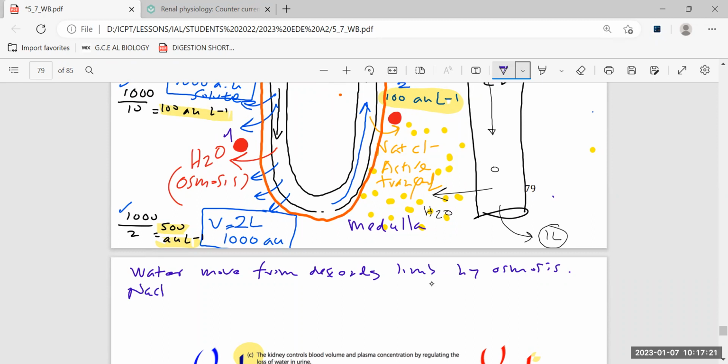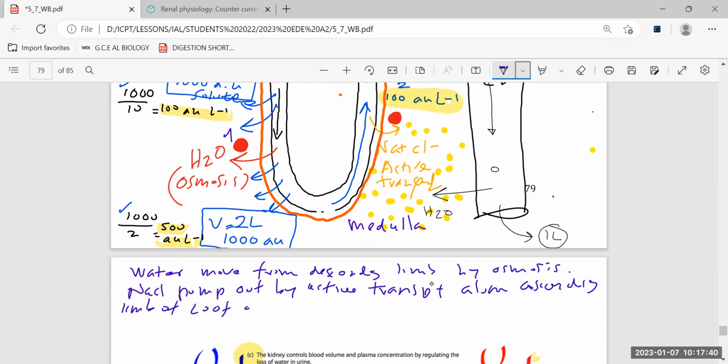Sodium chlorides pumped out by active transport along the ascending limb of the loop of Henle.